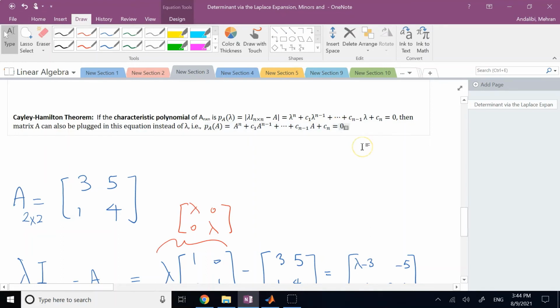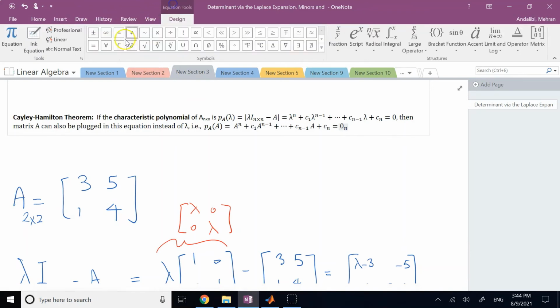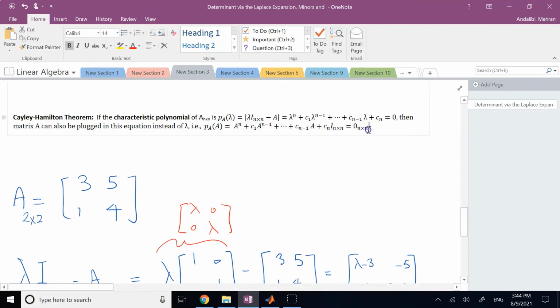It is a 0 what? N by n, the same dimension as the matrix, okay? So it's not going to be a number, because these are all matrices. And the Cn, by the way, needs to be multiplied by the identity matrix, right? So it can be added or subtracted from the rest.